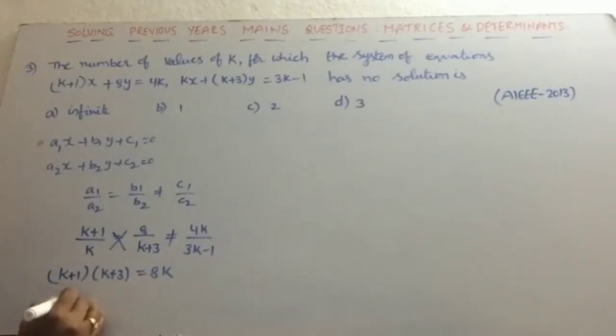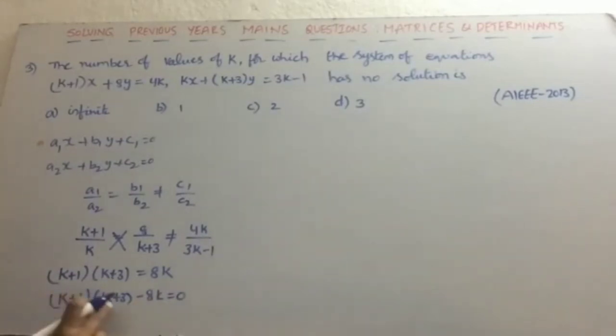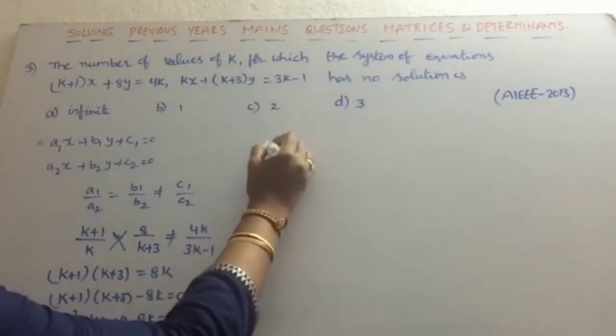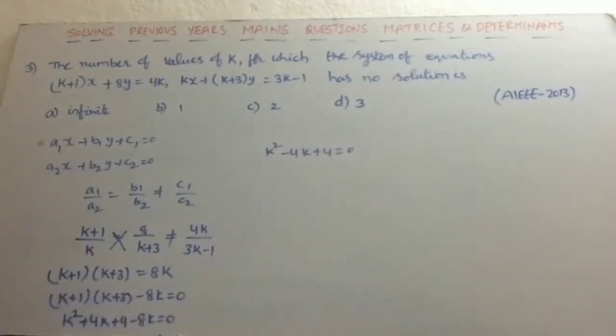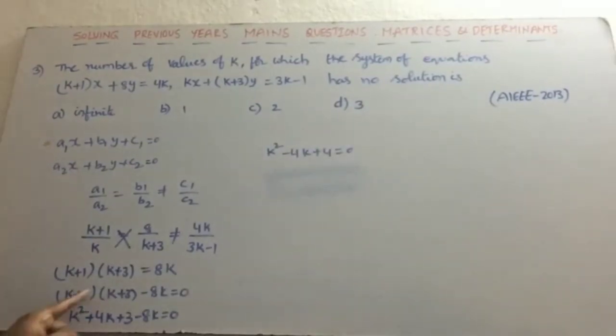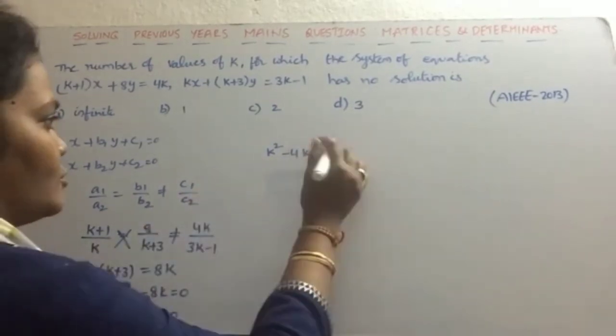Then (k plus 1)(k plus 3) minus 8k equals 0. Multiplying, k square plus 4k plus 3 minus 8k equals 0. So k square minus 4k plus 3 is equal to 0.